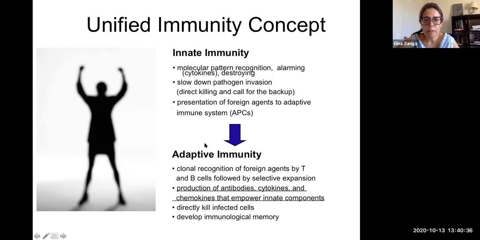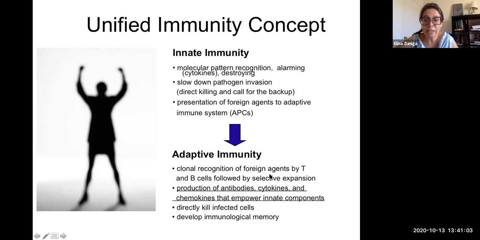The adaptive immunity now occurs with clonal selection of T cells and B cells that have receptors specific for the foreign antigen that is present. This recognition will be followed by clonal expansion, okay?